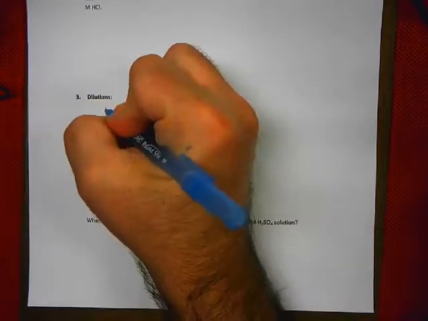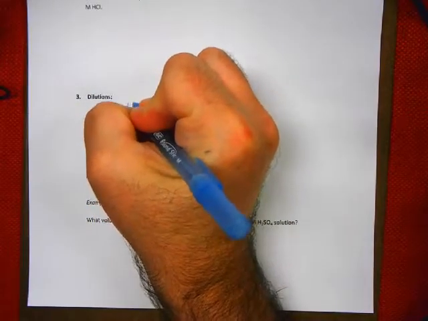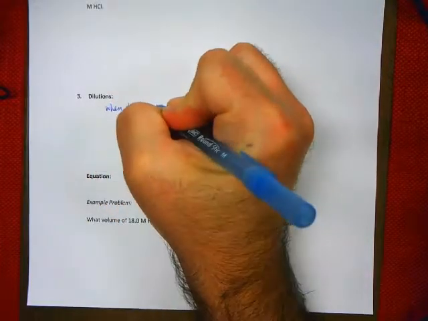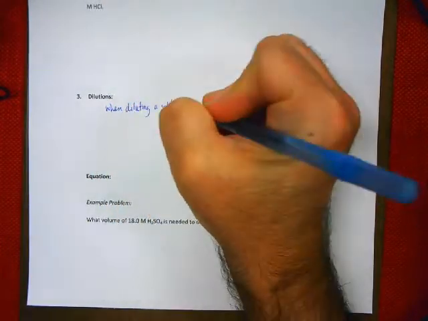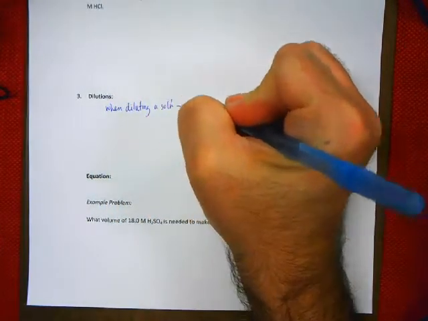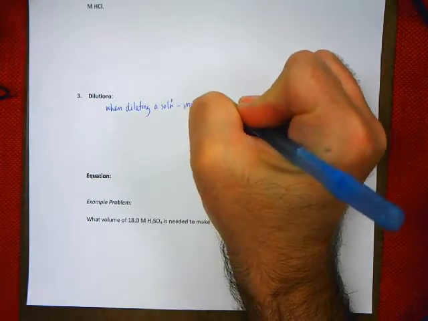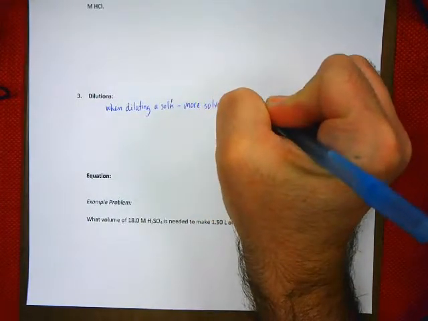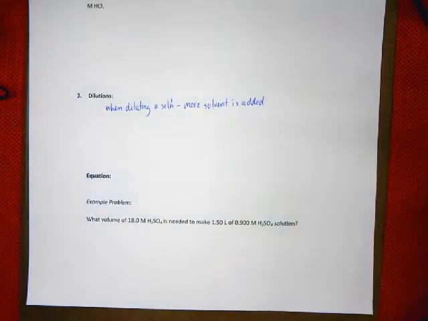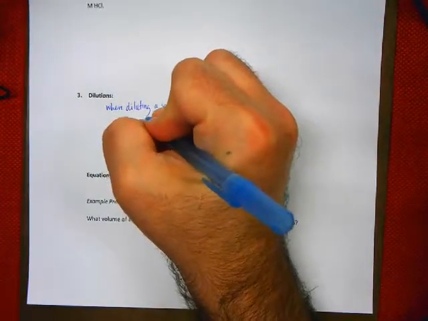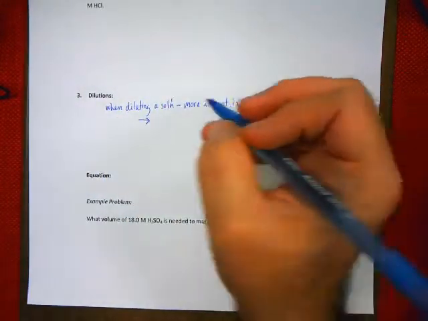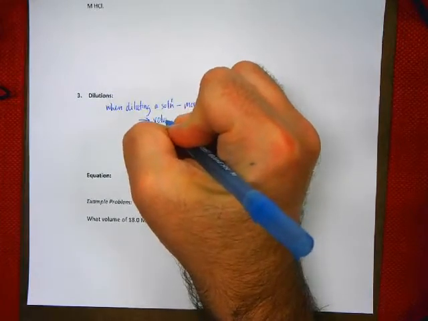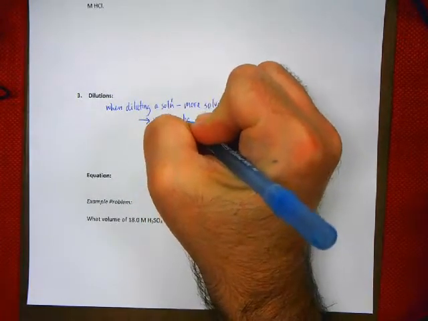So when diluting a solution, the only thing we add is more solvent. So, some things change and some things remain the same. Obviously, if we add more solvent, volume changes.